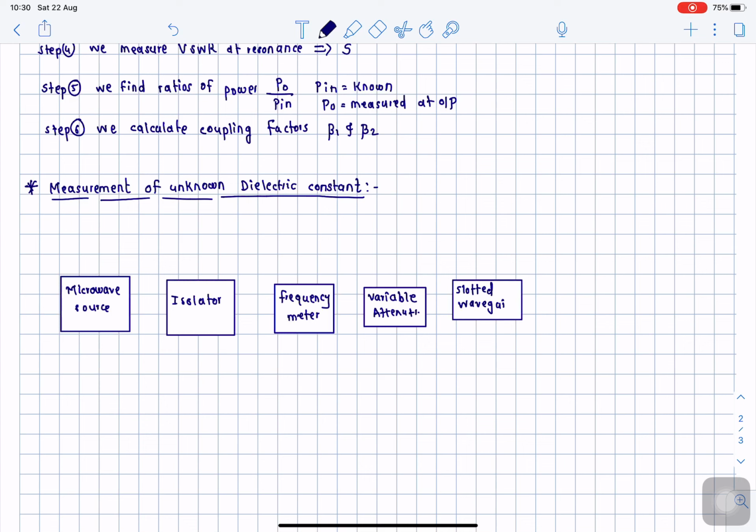Now this slotted waveguide is connected to a dielectric cell. This is a dielectric cell into which we are going to place the sample dielectric material. So this is a solid dielectric cell.